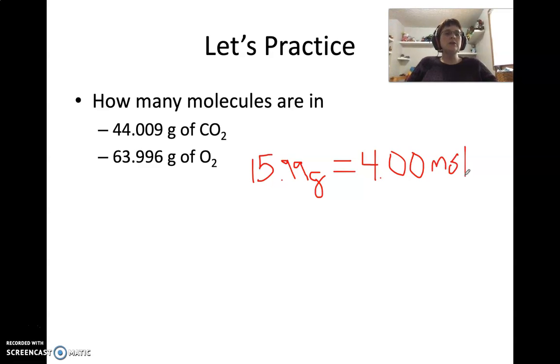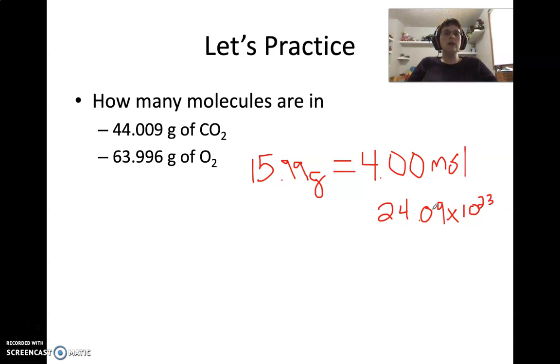So then what you're going to do is take that and multiply it by our Avogadro's number, 6.02. So that's going to give us 24.09 times 10 to the 23rd.